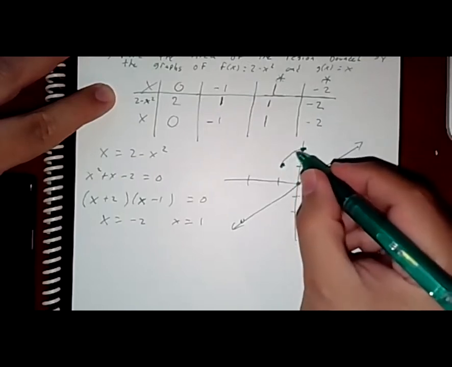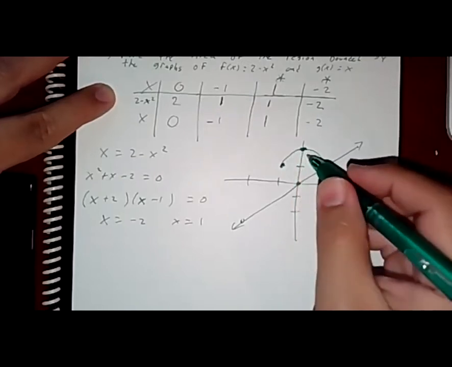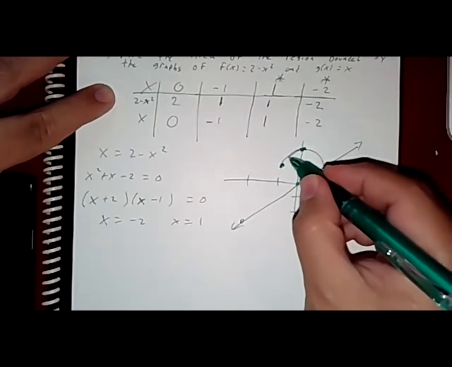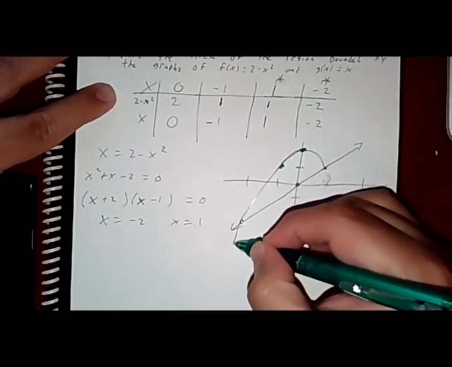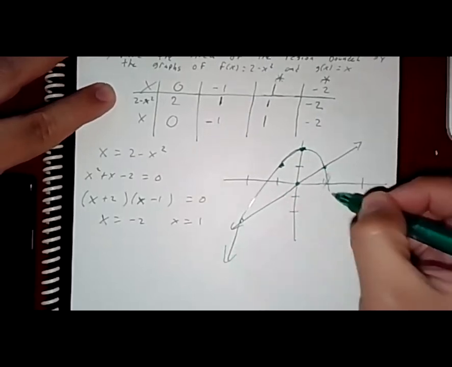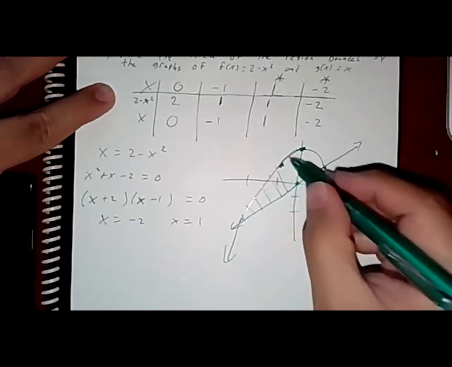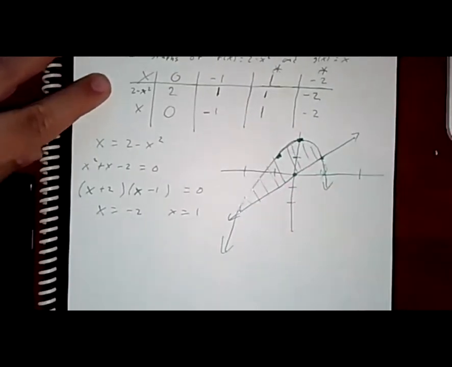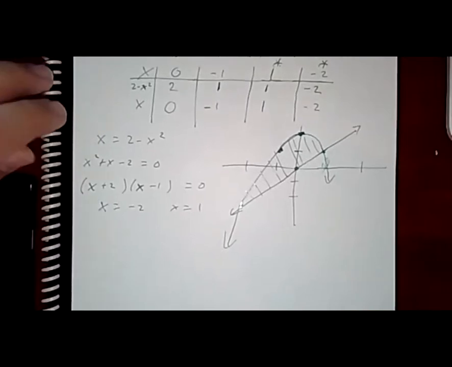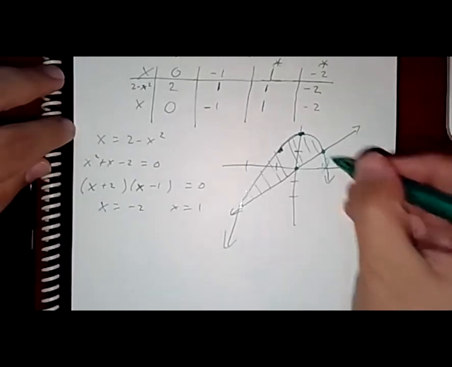Okay, so this is the section that I care about. I don't really care what happens after, so whatever. I want to know what's going on in here. Find my area. But you see how I need those intersection points, right?